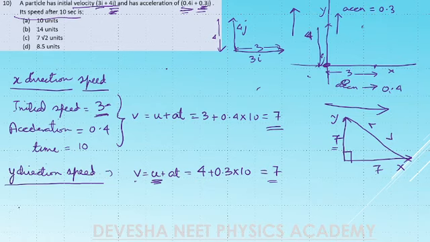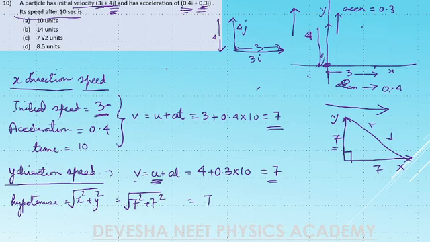The hypotenuse of a right angled triangle is equal to root of x square plus y square. So this is the root of 7 square plus 7 square. This is equal to 7 root 2. So this will be the answer. The answer here is C.